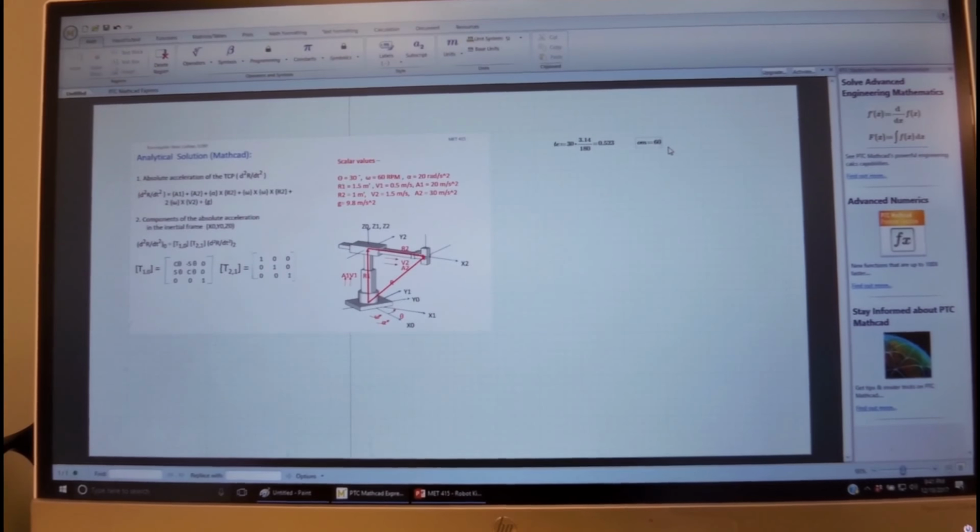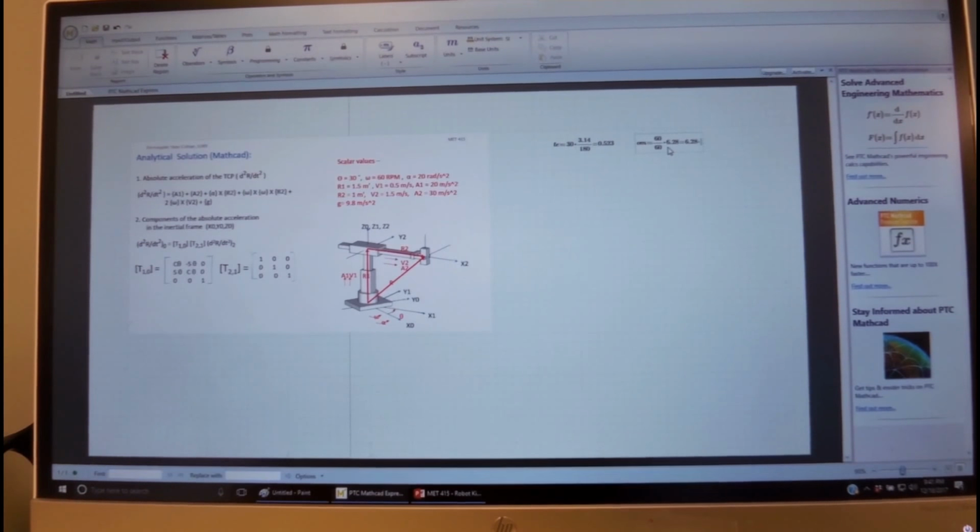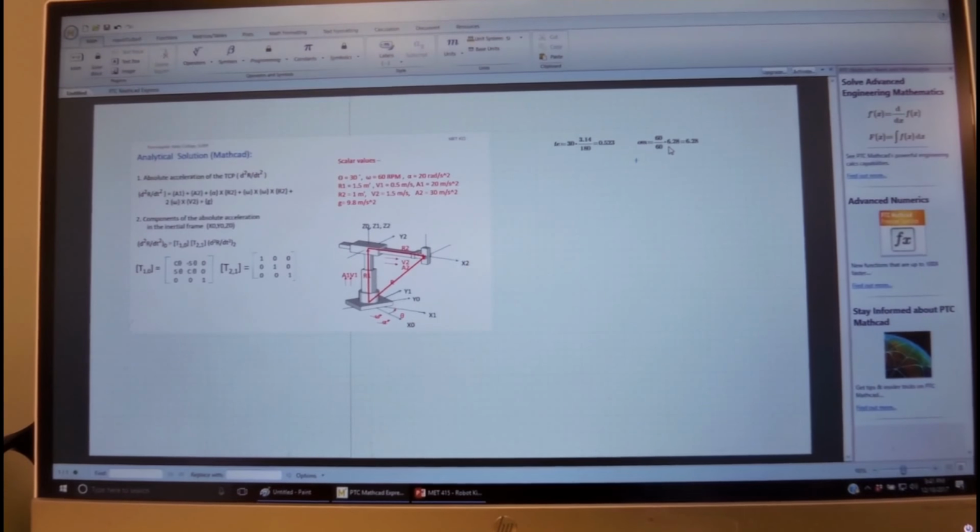So take it back, divide by 60. And then we need to multiply that times 2 pi, which is 6.28 radians per revolution. So this is our omega.